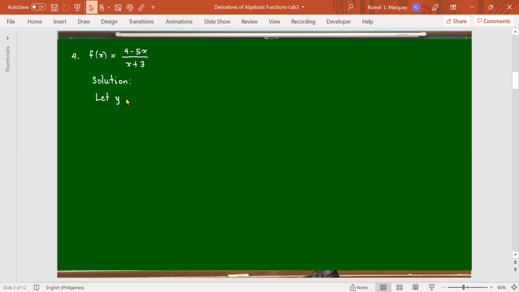So let y be equal to f of x. That is 4 minus 5x all over x plus 3. Okay, guys? So then, the first step is to replace y by y plus delta y, and then x by x plus delta x.